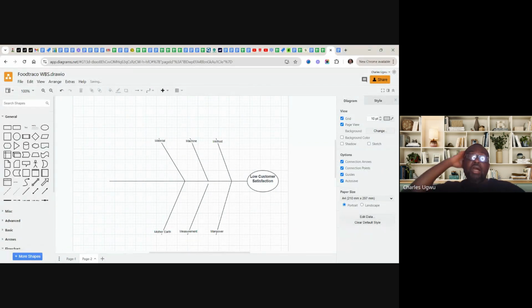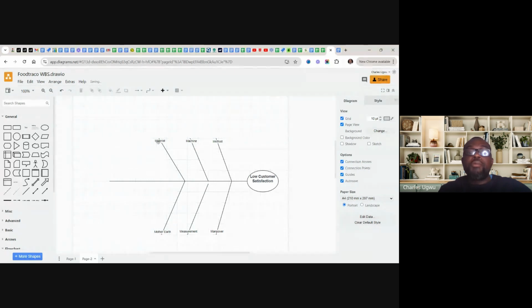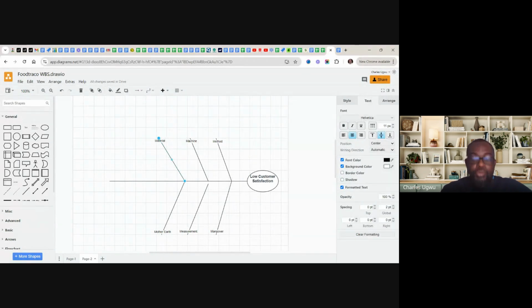So we've captured all the major causes, and then the next thing is to start adding.